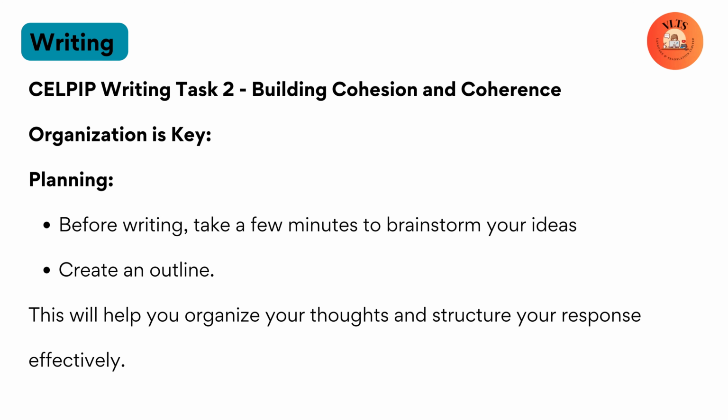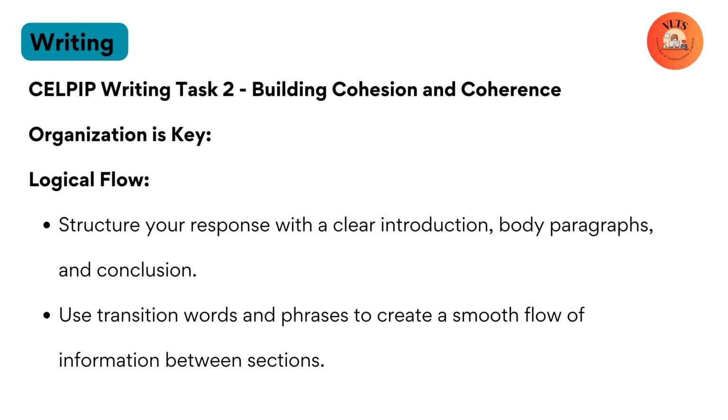In order to build cohesion and coherence in your writing task 2, you need to plan before writing. So avoid writing immediately. Instead, take a few minutes to brainstorm your ideas and create an outline. This will help you organize your thoughts and structure your response effectively.